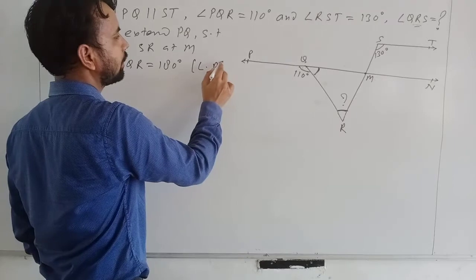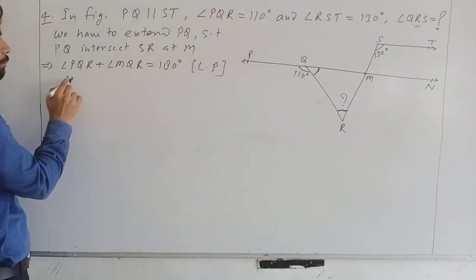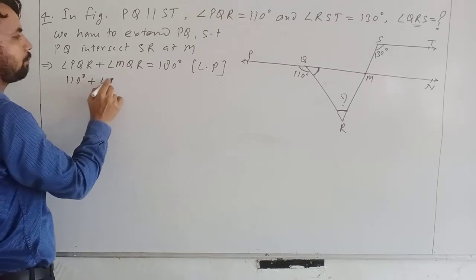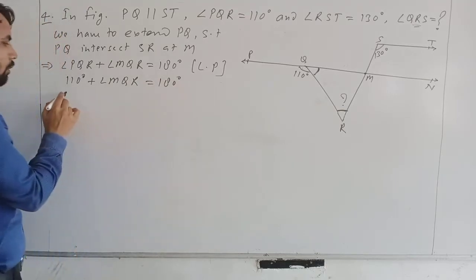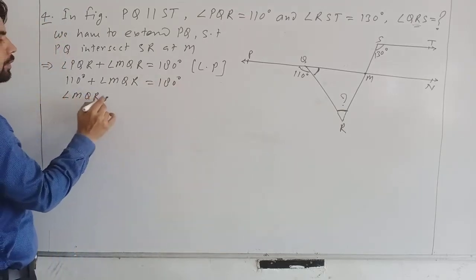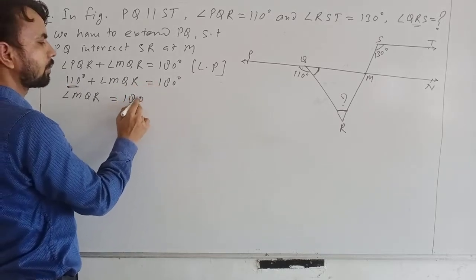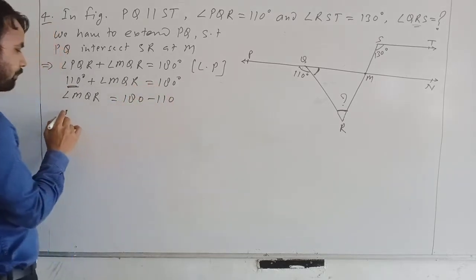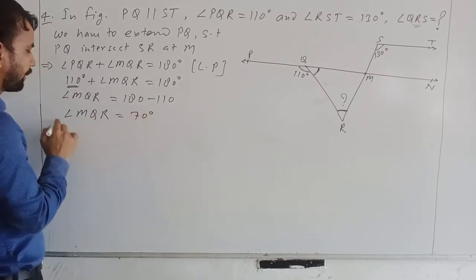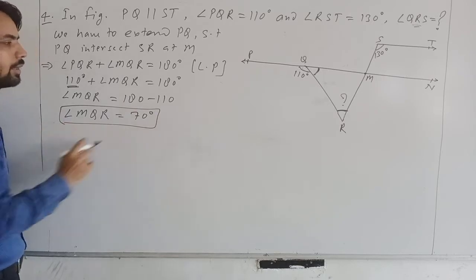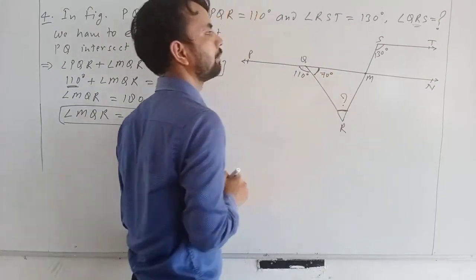Reason is linear pair. But PQR is given 110. So 110 plus MQR equals 180 degrees. Now angle MQR equals 180 minus 110. So angle MQR equals 70 degrees. So beta, this angle is 70.